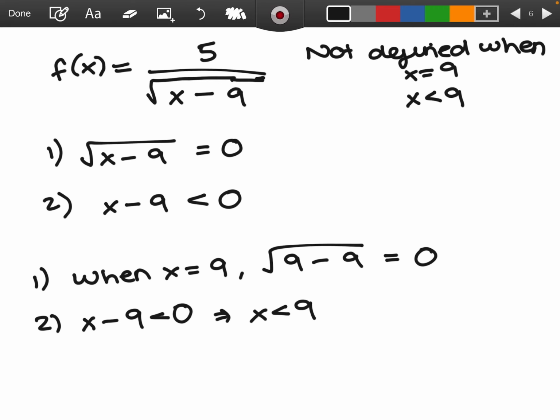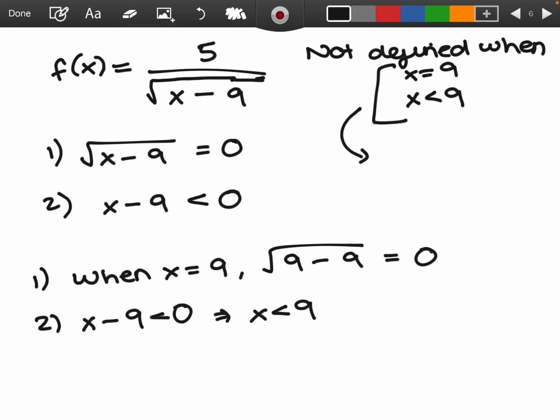You can plug in any value for x that's less than 9 here. So let's say 3. 3 minus 9 is negative 6. The square root of negative 6 is not a real number because you can't square root a negative.